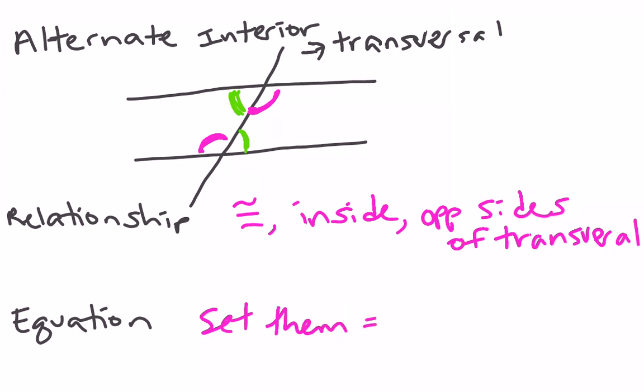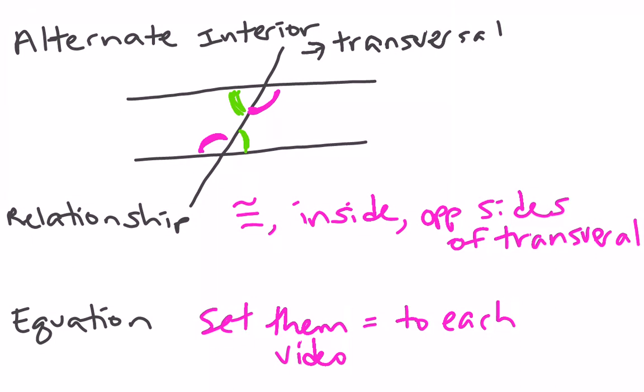Set them equal to each other. At the very end of the video, I'll have my handy dandy way of doing it so that you don't always have to remember all the naming. You can really quickly know whether things are congruent or the other option is going to be supplementary. So those are alternate interior angles.